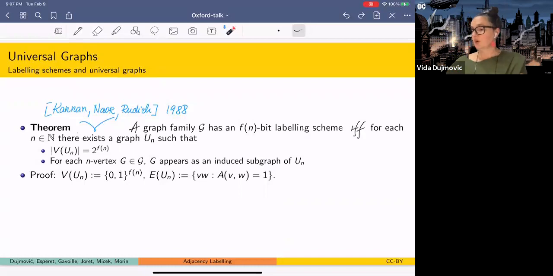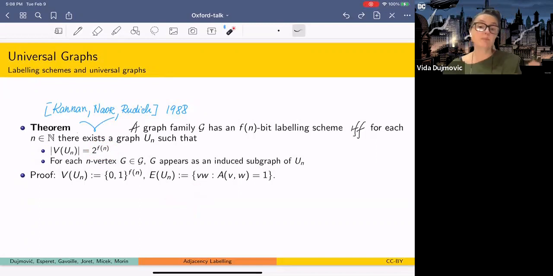So what does this imply for trees, for example? We just said that trees have a labeling scheme with 2 log n bits. So that means there is a universal graph on n squared vertices that contains every n vertex tree as an induced tree.